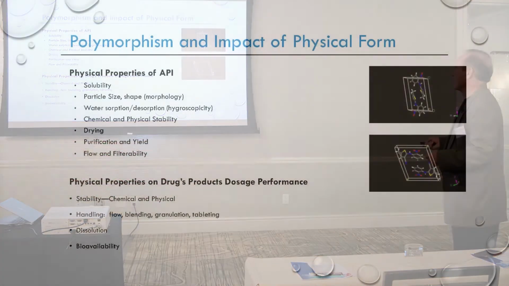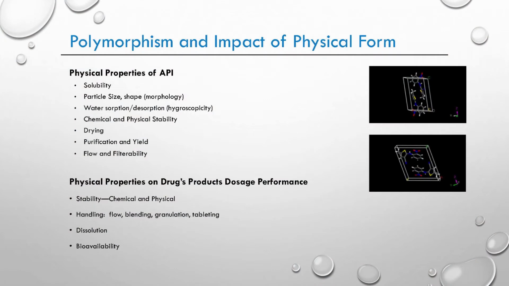So polymorphism, there's a lot of different definitions, but the purest definition is that it's when you have molecules that arrange themselves in a crystalline fashion and in different ways such that they have different physical properties.